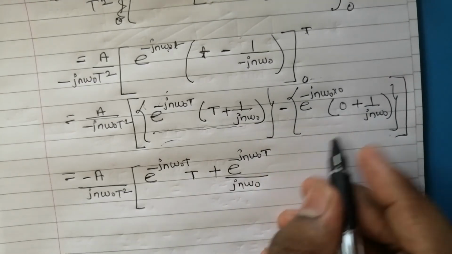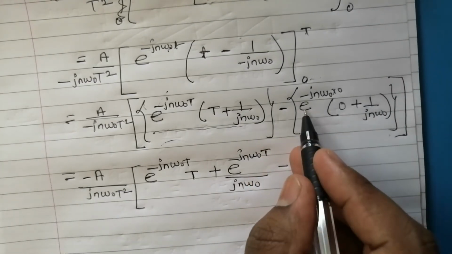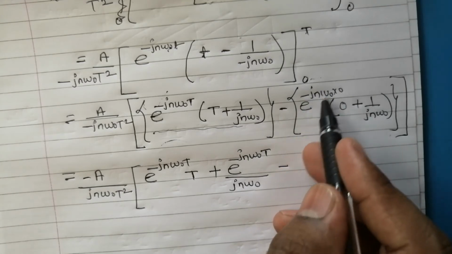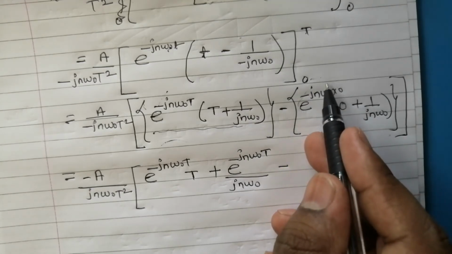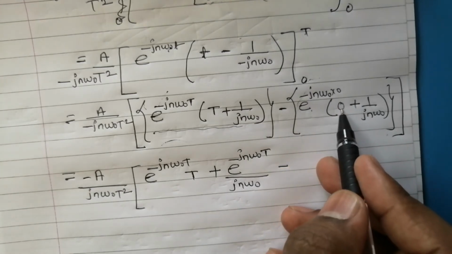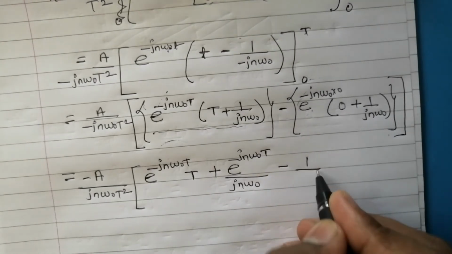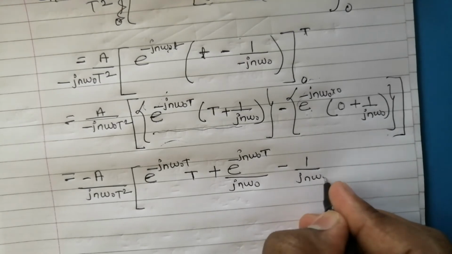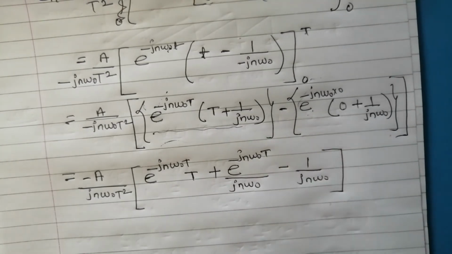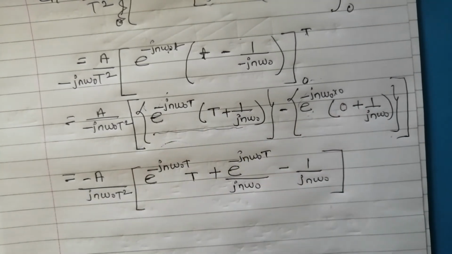Then open this bracket, minus into this, so this into this is 1. This part is completely 1, so 1 into 0 is 0, and 1 into this part, so minus 1 upon jn omega naught we are having here. This is our simplification of this part.